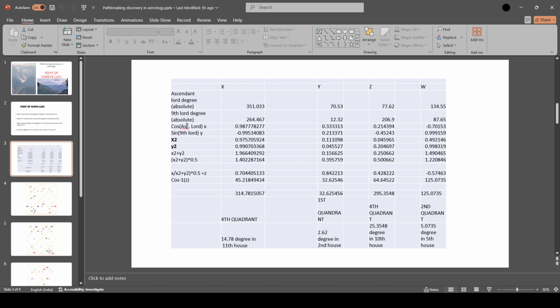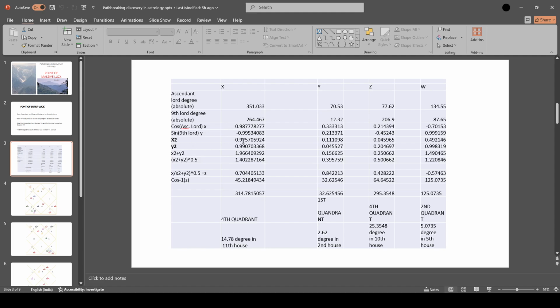If you do it in Excel, you put that cos into brackets, RADIANS of that, because it is considering radians. So you have to convert degrees into radians. Effectively, you have to take cosine of 351 degree and sine of 264.467 degree. So this is the horizontal and this is the vertical component.